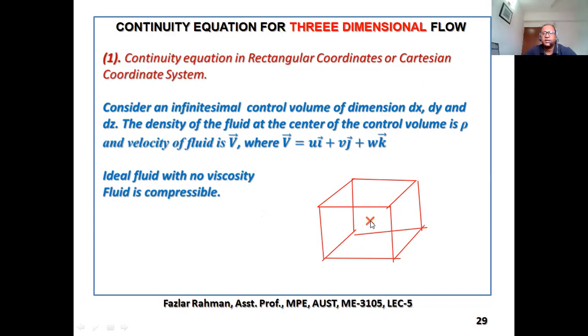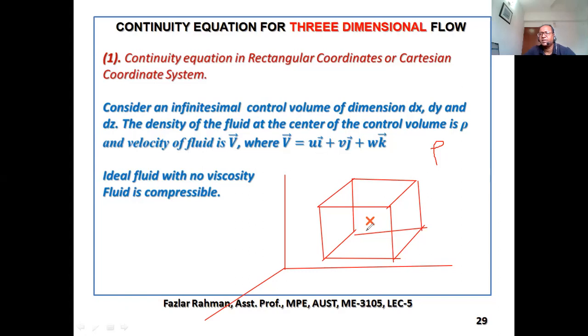If I draw the axes, vertical, horizontal, and a third axis, the fluid element will have three components of velocity: U, V, W. The density at the center is rho, and the element has dimensions dx, dy, dz. What will be the mass?